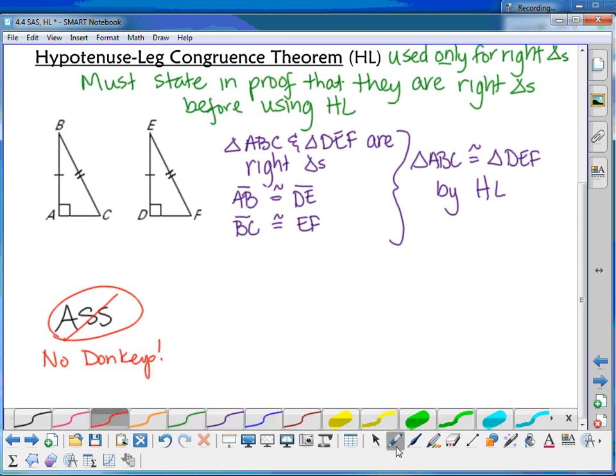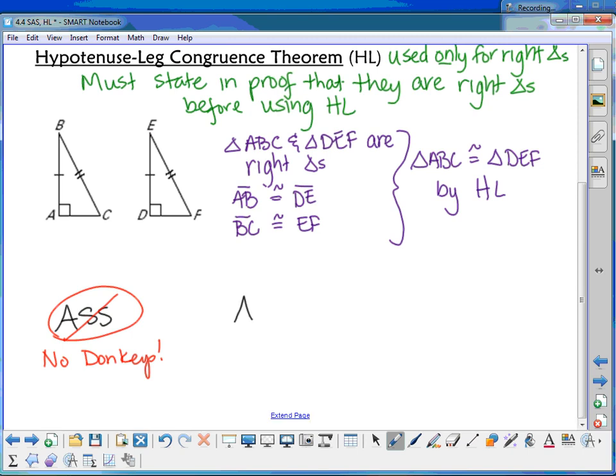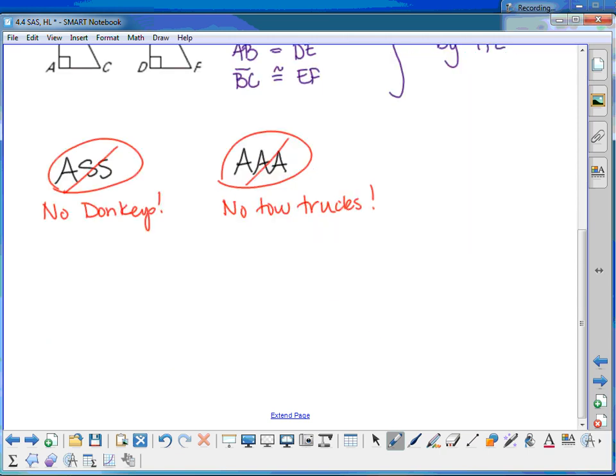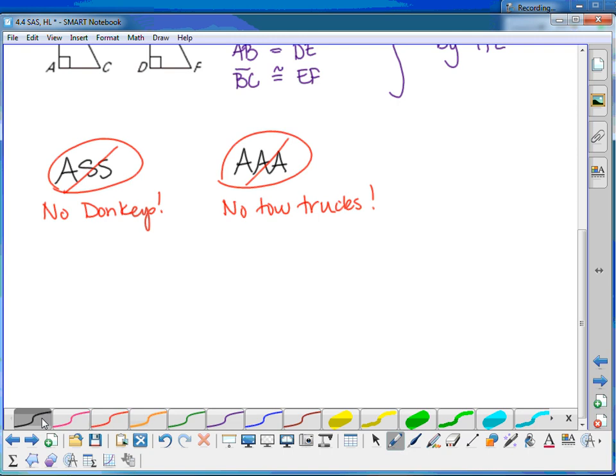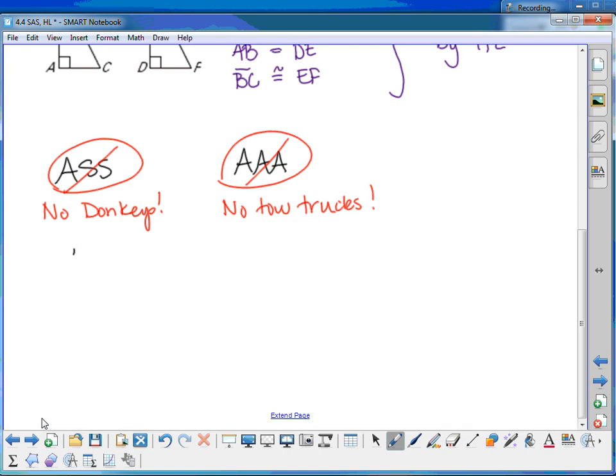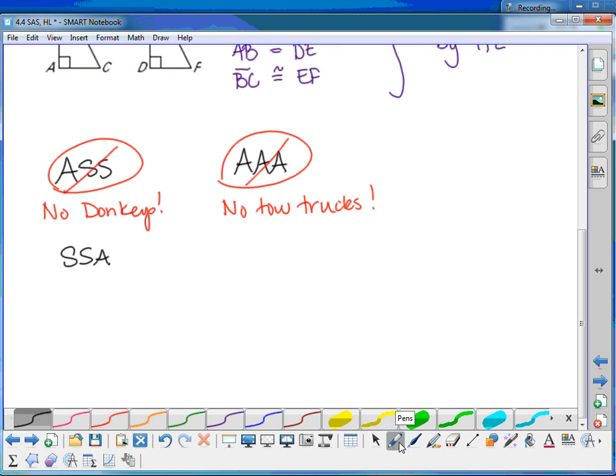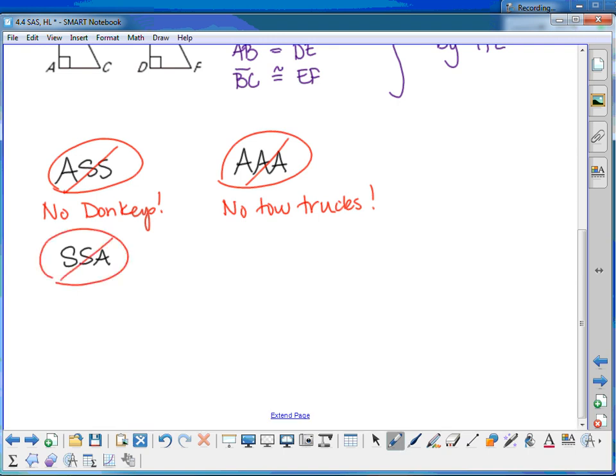And the other thing that you will not see to prove triangle congruence is angle angle angle. So we say there are no tow trucks. And just in case you think you can do this, you cannot have SSA either, because after all, that's just a donkey looking in the mirror.